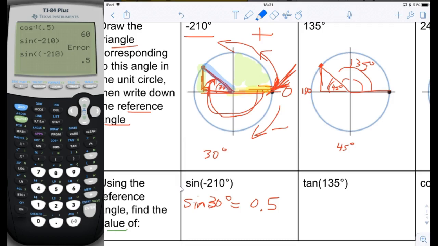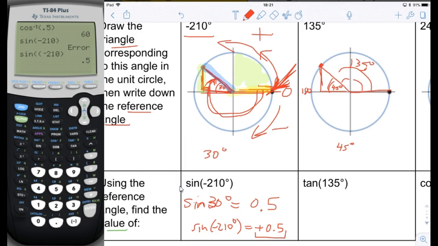Now, the blue line, the hypotenuse, is diagonal. It points in all directions, but it's always positive. So I know that the sine of negative 210 degrees is positive because the opposite is positive. I would just take the same value that they gave me for the reference triangle, with a positive sign, because the opposite side is positive.